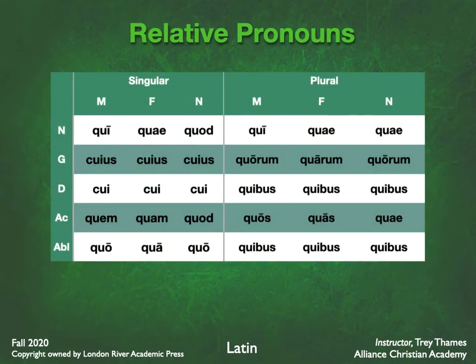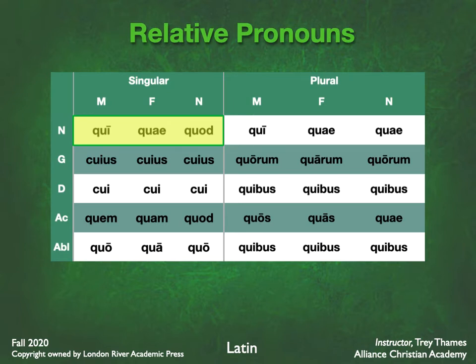So let's look at the forms of these words in Latin. Here we have the singular and the plural, and you just have to memorize this chart. The nominative you have to memorize: qui, quae, quod. Qui in the masculine, quae in the feminine, and quod in the neuter.